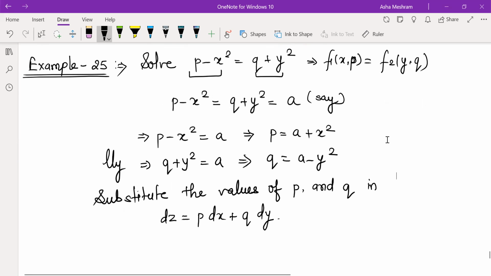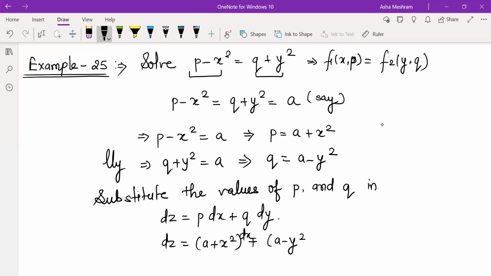So what's the value of p? p is nothing but a plus x square, into dx. Now what is the value of q? q is a minus y square, into dy.